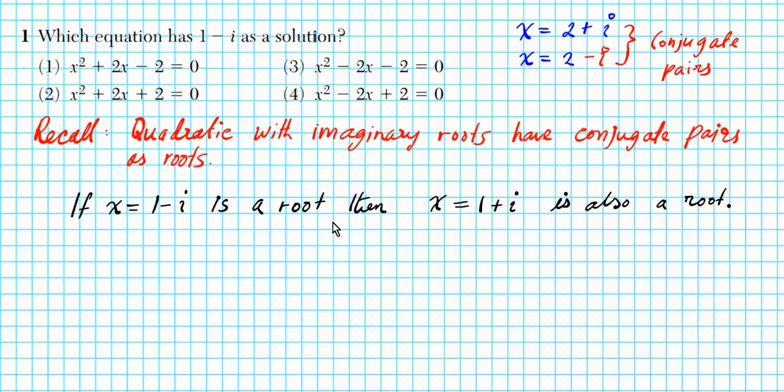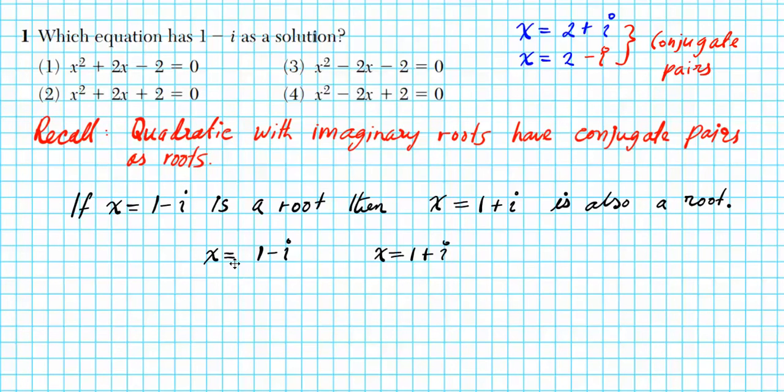All right, they always come in conjugate pairs. So let's go ahead and work backwards. We have x equals 1 minus i and x equals 1 plus i as the roots. So we want to reverse engineer the polynomial that, when you solve it, either by completing the square or the quadratic formula, you get these as the answers.